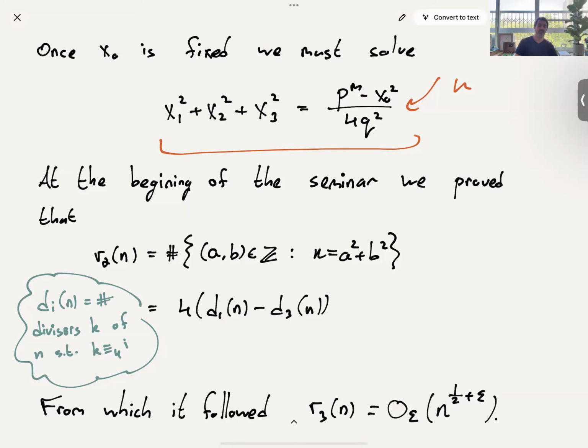And at the beginning of the seminar, we talked about how many ways there are to write a number n as a sum of two squares, and that allowed us to look at the Gaussian integers, because every such solution comes from a Gaussian integer, and a squared plus b squared equal n means that this Gaussian integer has norm n.